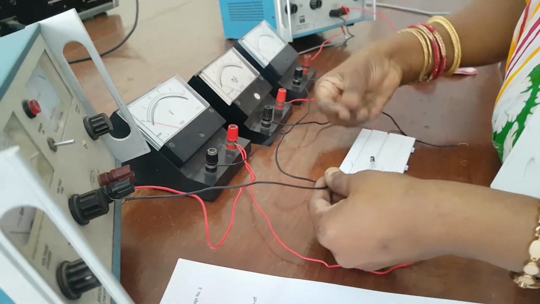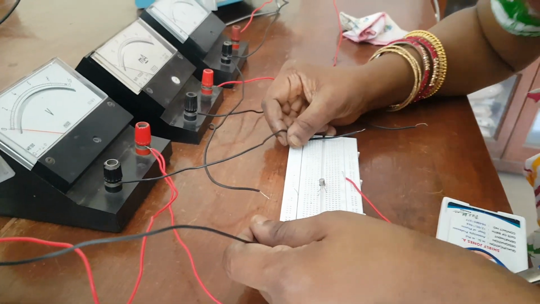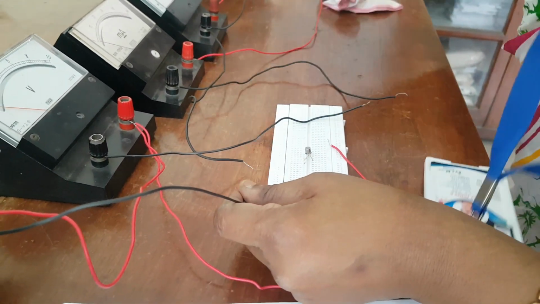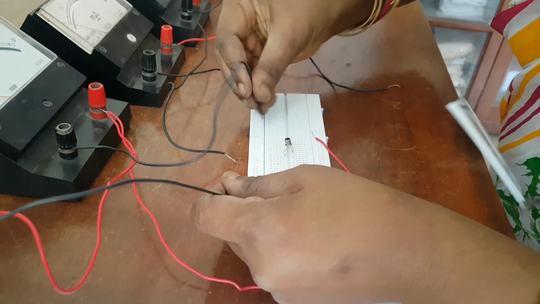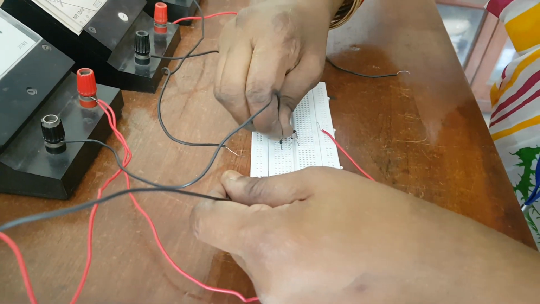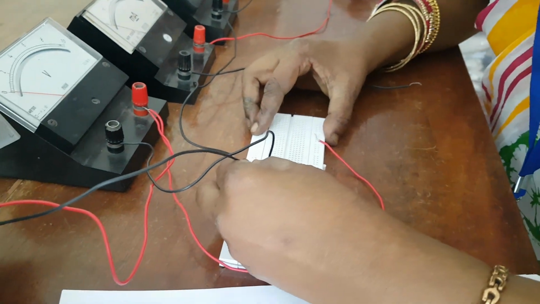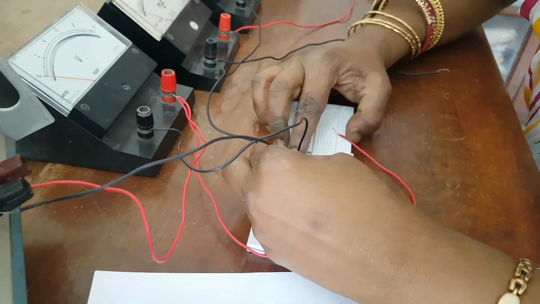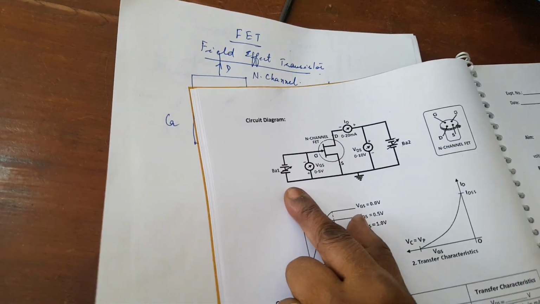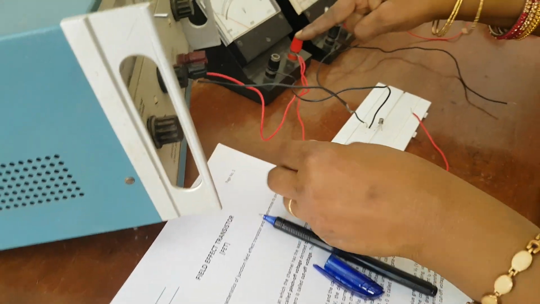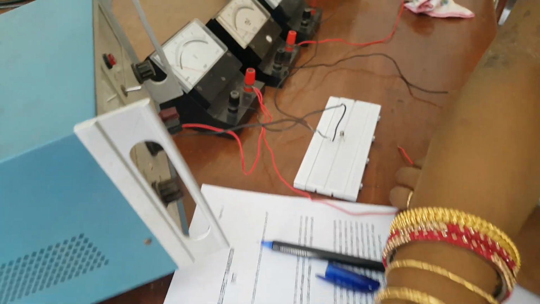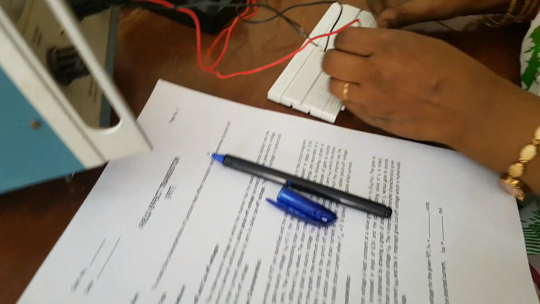So here this negative and this negative, I will pin it here at gate. And this is the other one. Next, from positive to the positive of the voltmeter. Here it is positive. It is connected to the positive of the voltmeter. Then it comes to source. So I will pin it at the source.